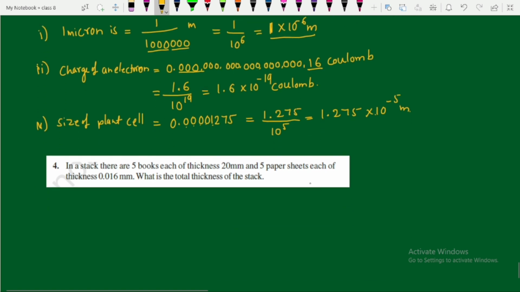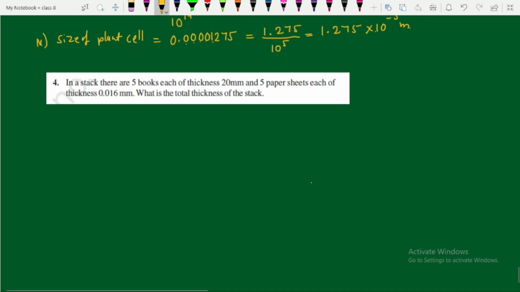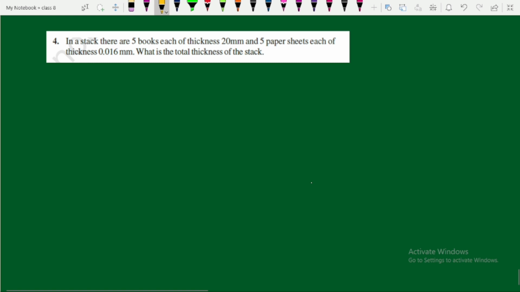Now we are going to have the last question, question number 4. In a stack there are 5 books each of thickness 20 millimeter, and 5 paper sheets each of thickness 0.016 millimeter. What is the total thickness of the stack?